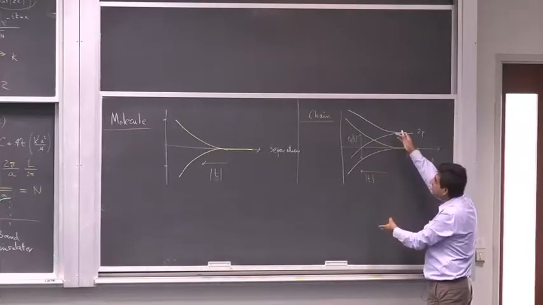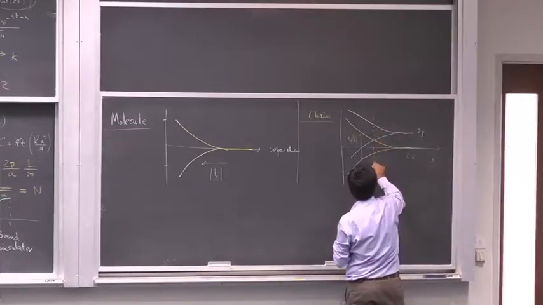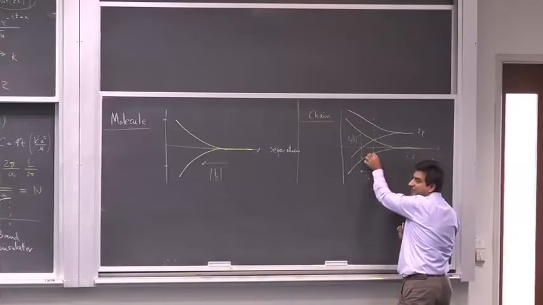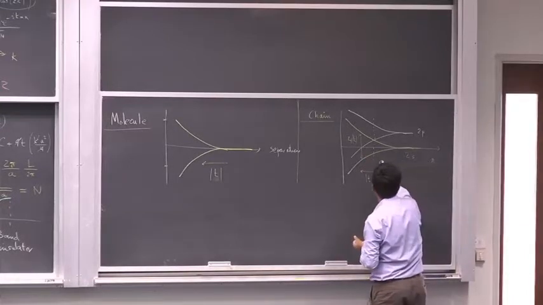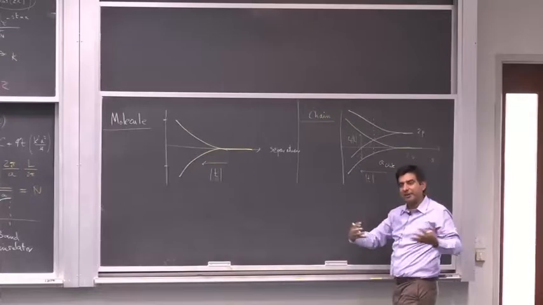So you have this kind of structure. Now, if the spacing between the atoms is below a certain critical value, some A critical, the 2s and the 2p bands, as they are called, will now overlap.